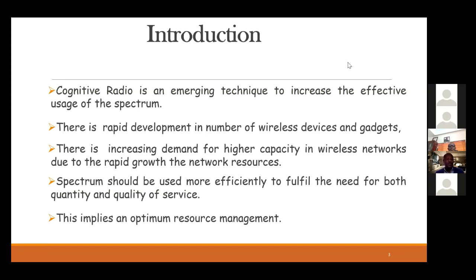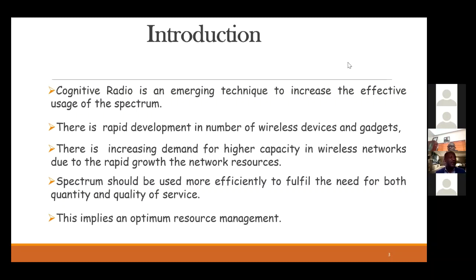By introduction, cognitive radio is an emerging technique to increase the effective usage of spectrum in the technological space. You will note that there is rapid development in the number of wireless devices and gadgets all over the world. Statistics from Cisco show that there are now trillions of equipment in the tech space.